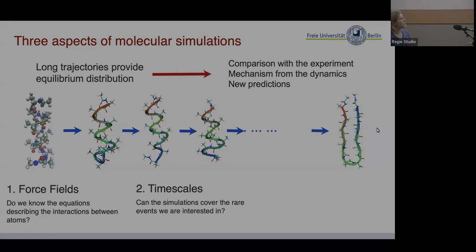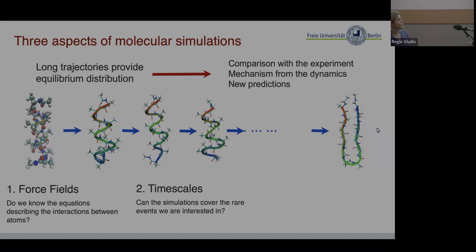But the fastest time scale to integrate these equations is the femtosecond, the vibration of bonds, and from femtosecond to millisecond there are too many orders of magnitude to sample them in a relatively fast time.